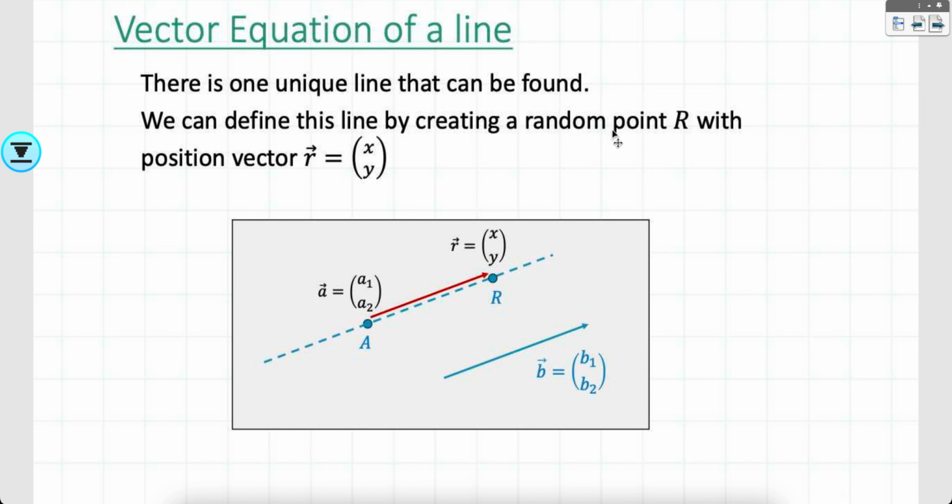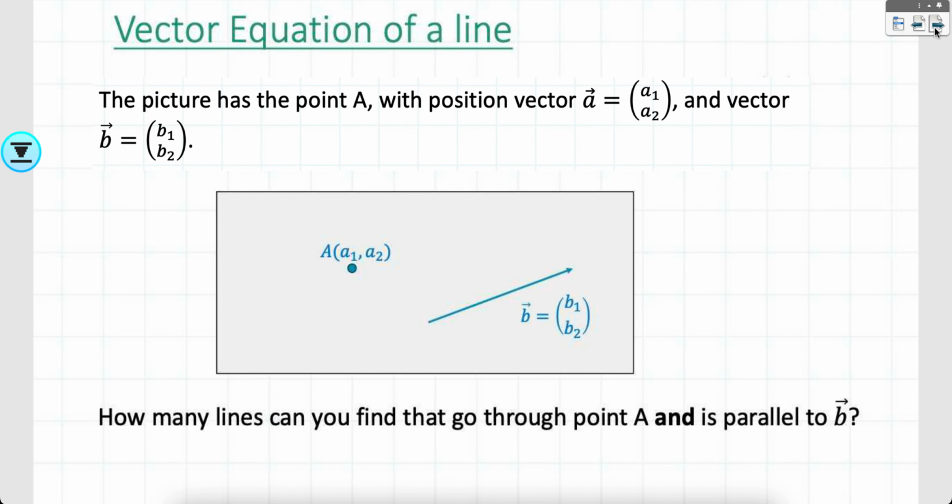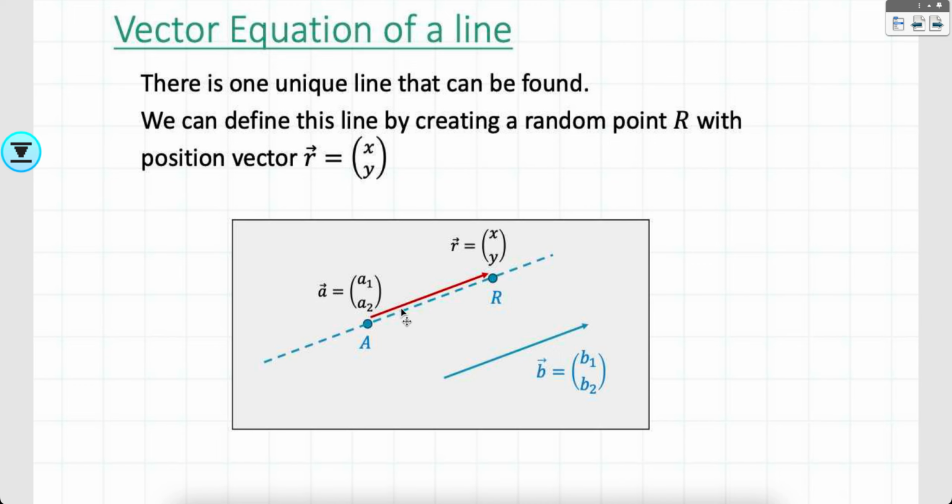Obviously it doesn't only go through A, it goes through other points, but the basics that I started with here were that it has to go through A and is parallel to B. So how can I define this line? I want to define it using any other point, in relation to these two facts that I know.